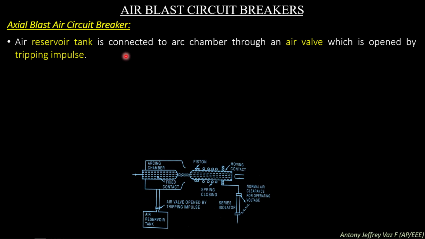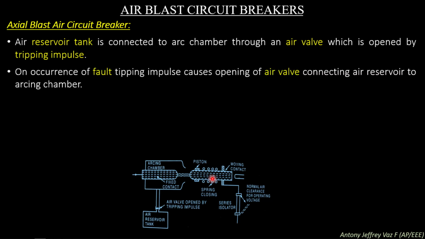Air reservoir tank is connected to the arc chamber through an air valve which is opened by tripping impulse. So this reservoir tank will give the air into the arcing chamber so that the moving contact can be pressed outside against the spring and the air can be released.